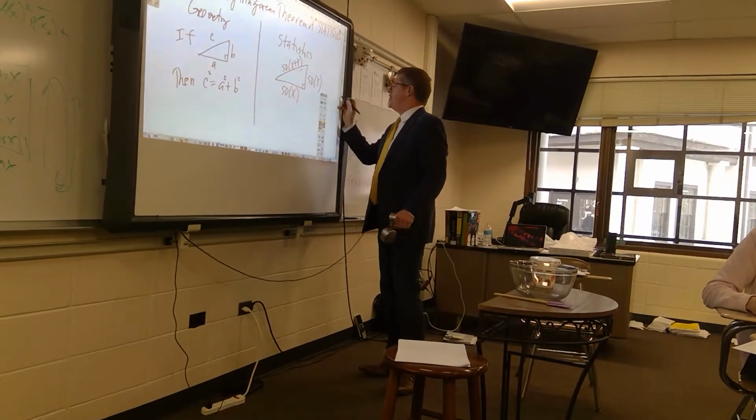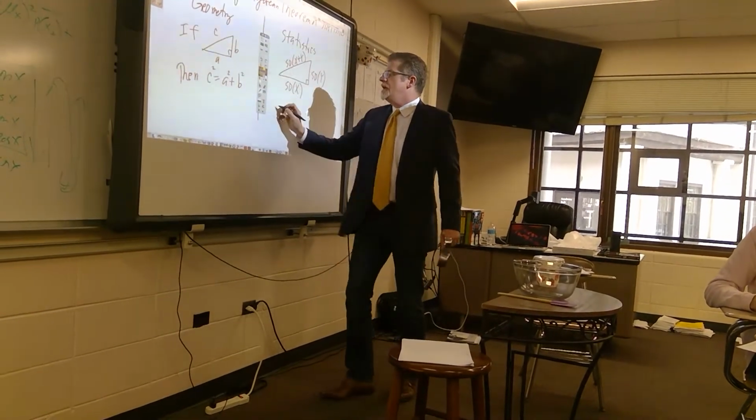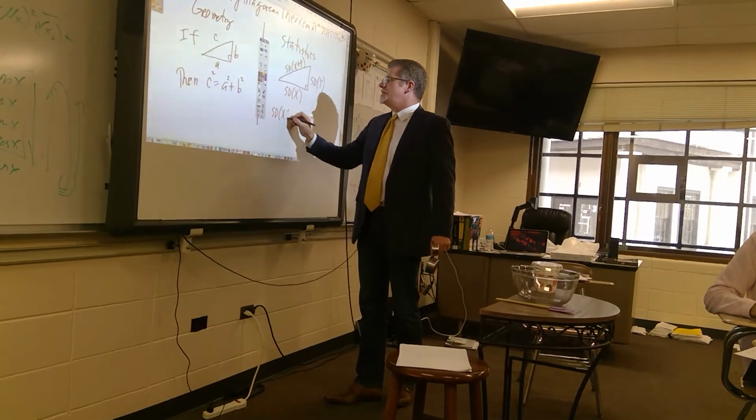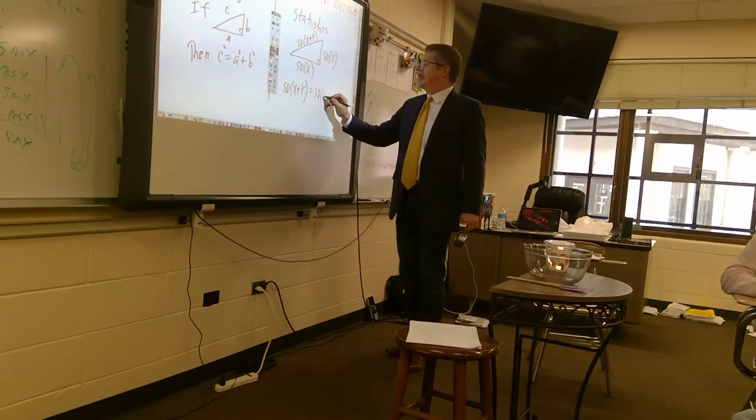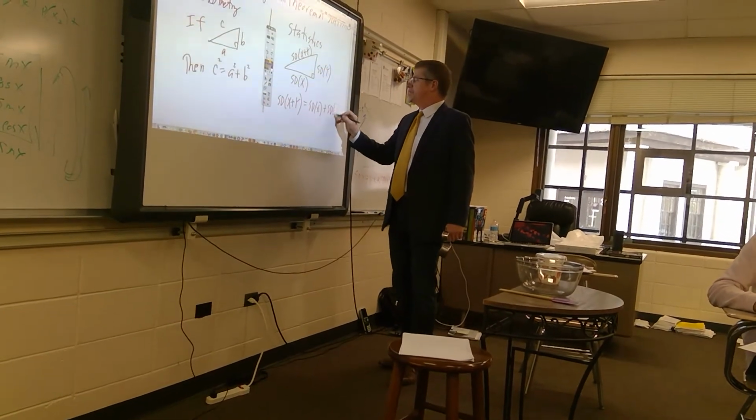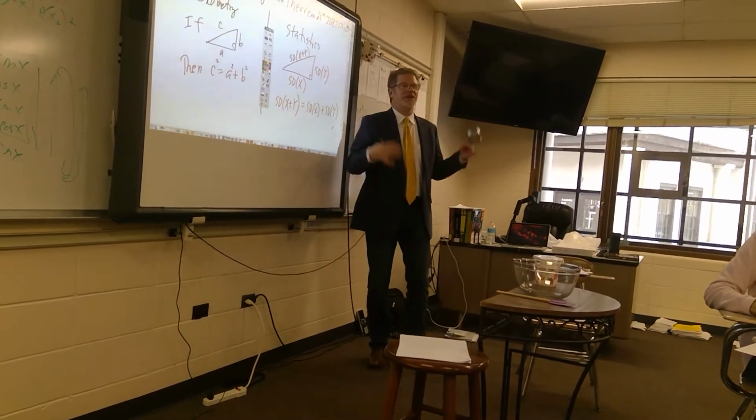How would we find it? Wouldn't it be nice if you could come into class and learn that the standard deviation of X plus Y is the standard deviation of X plus the standard deviation of Y? Wouldn't that be a great lesson?